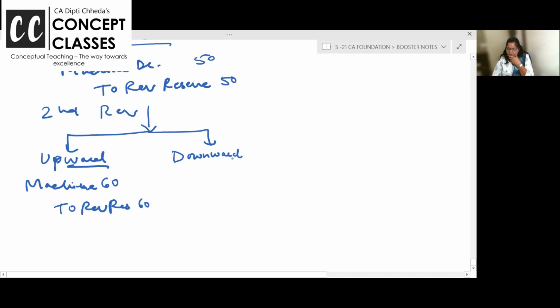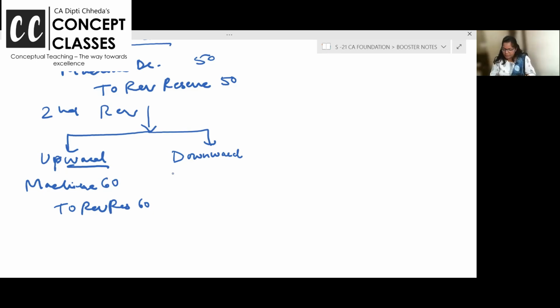Downward. If 60 is downward, then for downward revaluation they told you to transfer to P&L account. But what you will do? Revaluation reserve is there, 50. First you have done upward. Now you are doing downward. So can you just set off first in the revaluation reserve?